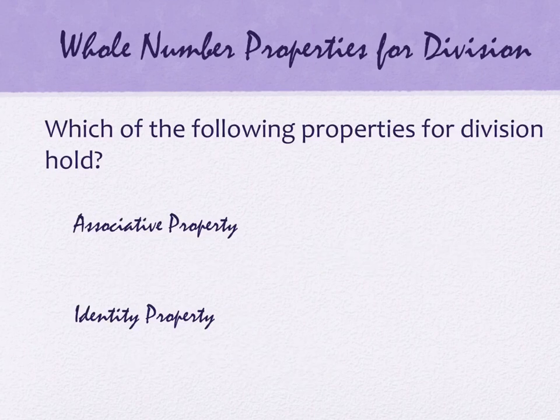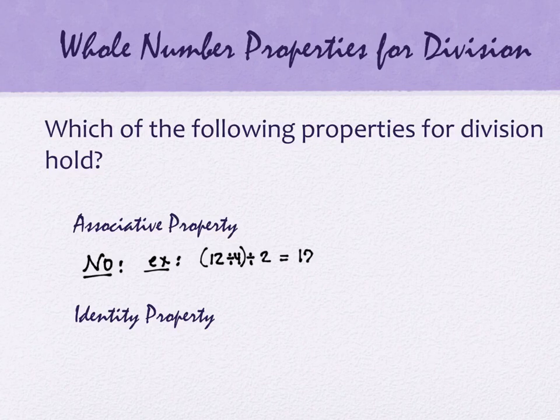Associative. Yeah, this is going to fail too. So I'll give you an example of one that fails. We'll do 12 divided by 4 divided by 2.